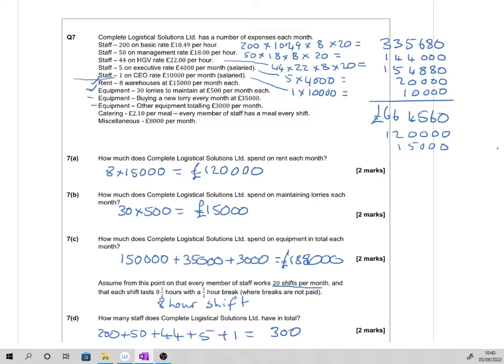Buying a new lorry, 35,000. Other equipment, 3,000.